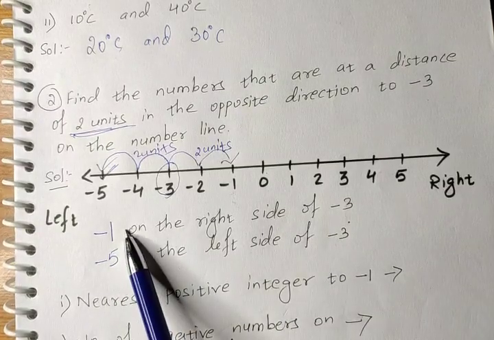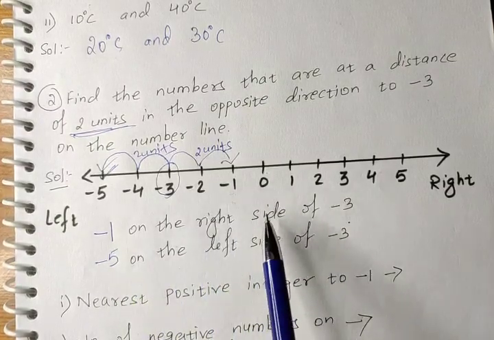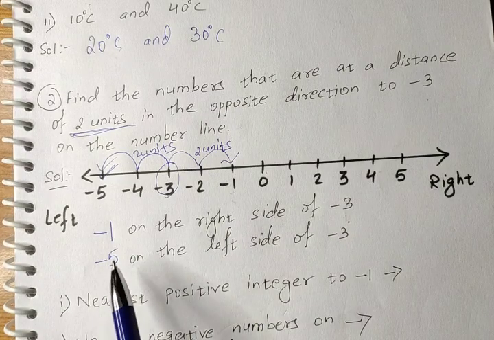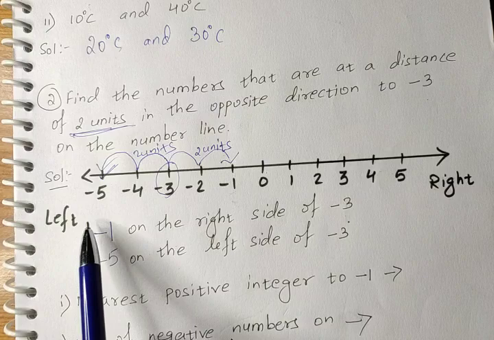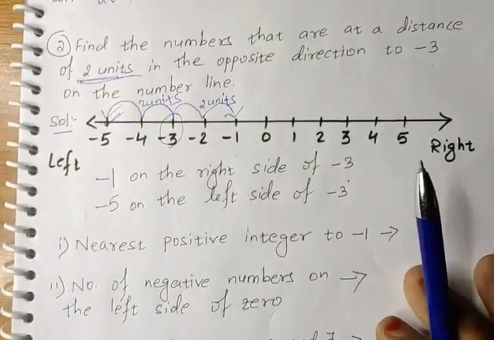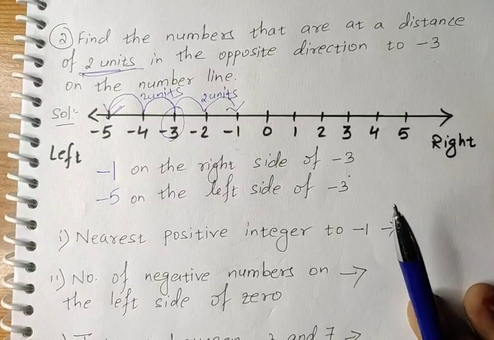Minus 1 lies on the right of minus 3 at 2 units distance, and minus 5 lies on the left side of minus 3 at 2 units distance. Clear, children? I hope you understood.